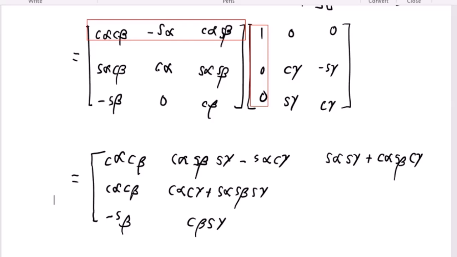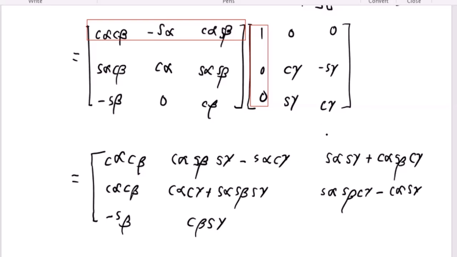And this one, negative. So I will start with the next. That will be sine alpha, sine beta, cosine gamma, minus this one and this one. I just reversed, but that's correct. If you start with negative, this one, that will be cosine alpha, sine gamma. Make it clear.